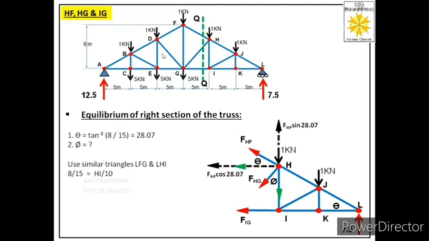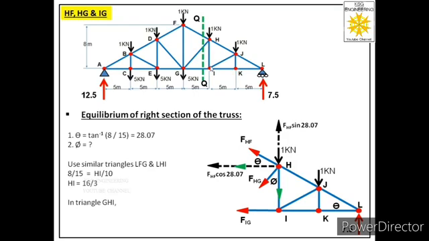So we will say perpendicular upon base, that is 8 by 15 for bigger triangle, is equal to perpendicular, that is HI, upon base, that is 10 for smaller triangle. So from here we will get value of HI, that will be equal to 16 by 3. So we got the length of this member, that is HI.